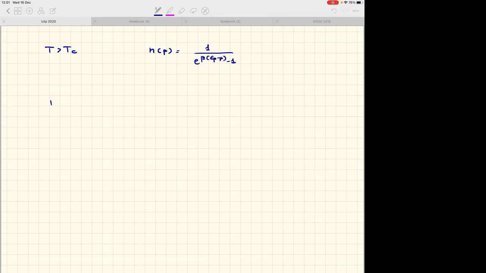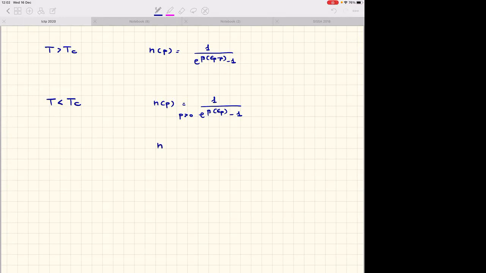For T smaller than Tc, n of P for P greater than 0 is equal to 1 over e to the beta epsilon P minus 1. For all P greater than 0.